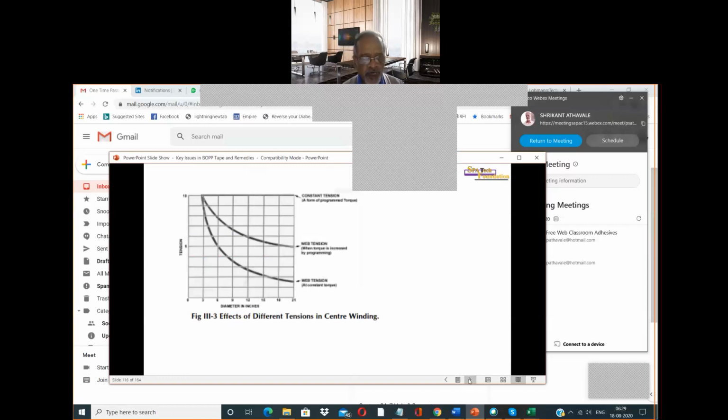Now, this is a graph. It is showing the tension against the diameter, effect of different tensions in central winding. Now you see the first line on the top. If the tension is constant, the line is straight.